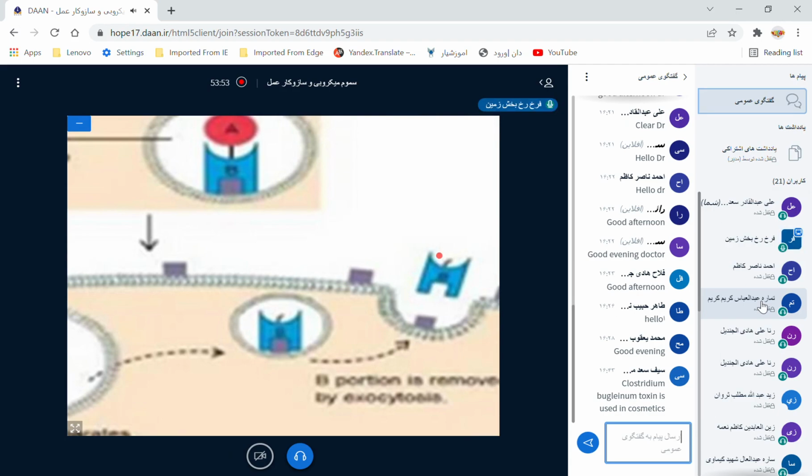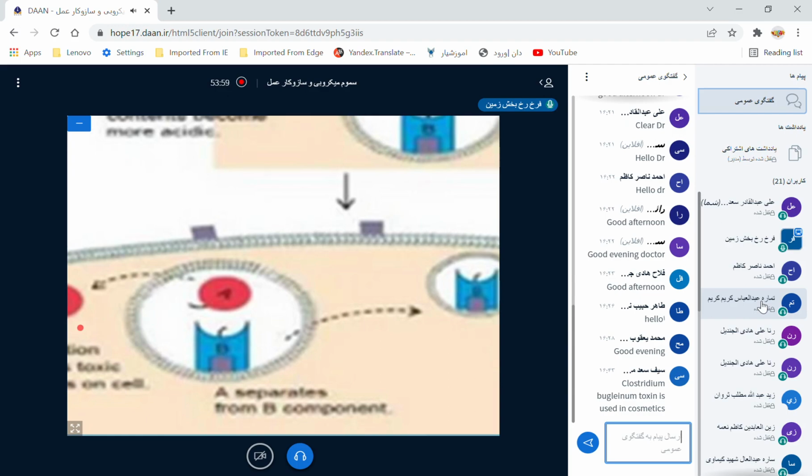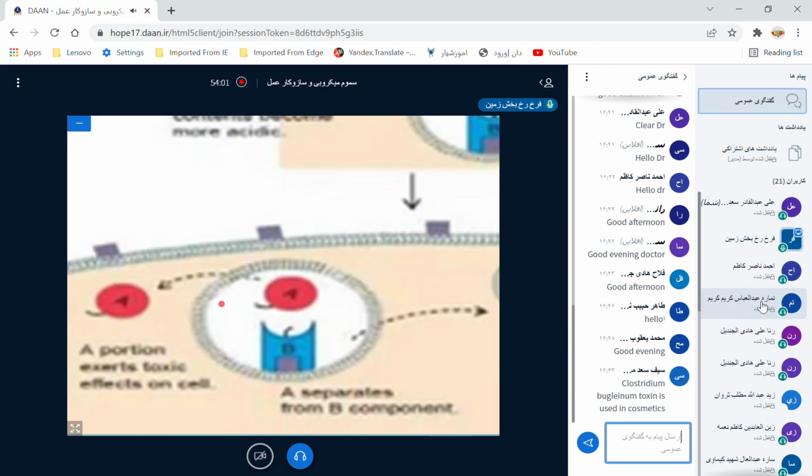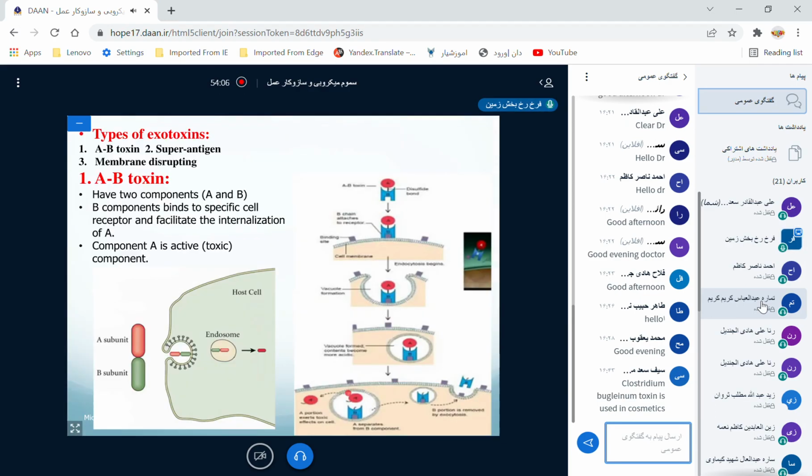So B is rejected outside, and only A can remain inside the cytoplasm and cause the problem, cause the toxicity. Okay? So B is responsible for attachment, and after going inside, it is rejected, and only A remains in the cytoplasm for further problems.